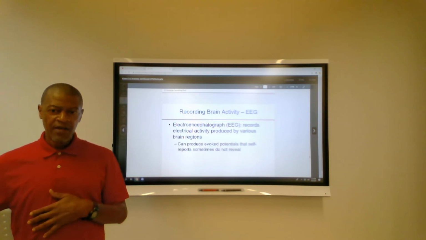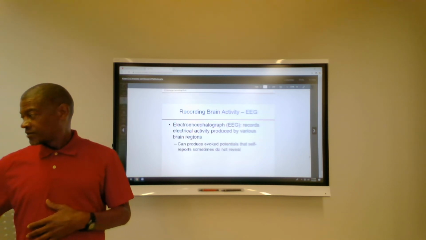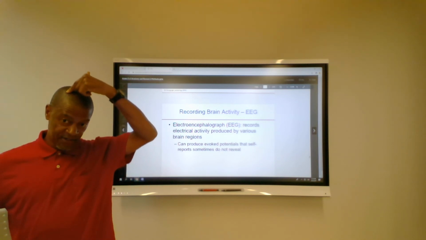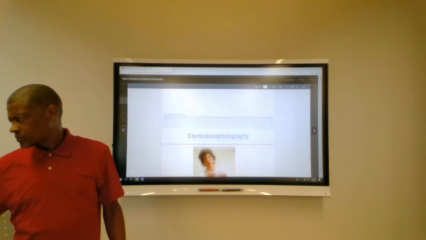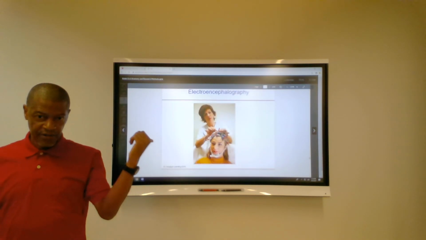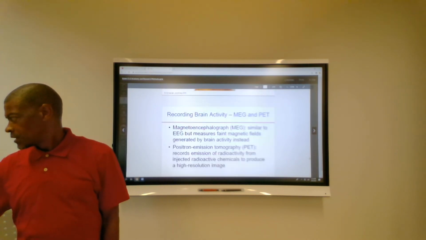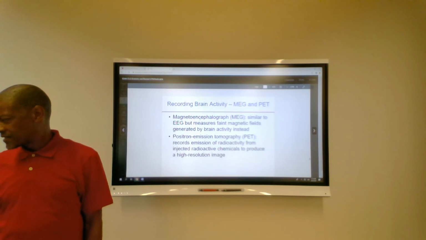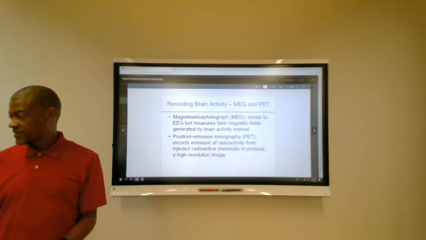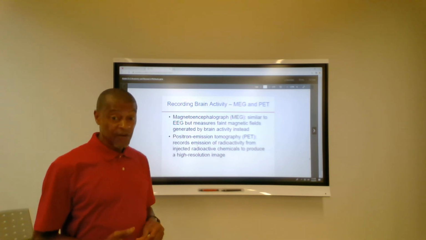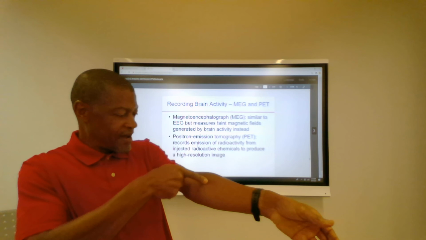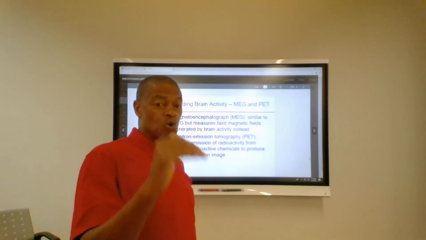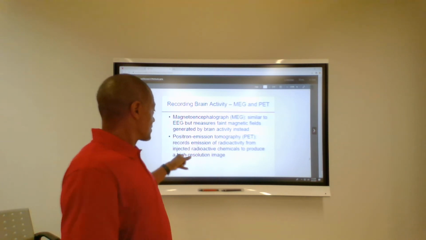EEG, we talked about that: electrical activity in the brain. It's not invasive, you just put an electrode on the outside of the head and measure it. Example right there. Then there's the PET scan, which is invasive because you put a radioactive dye into the bloodstream, let's say for dopamine, and then that dopamine is measured on the scan.